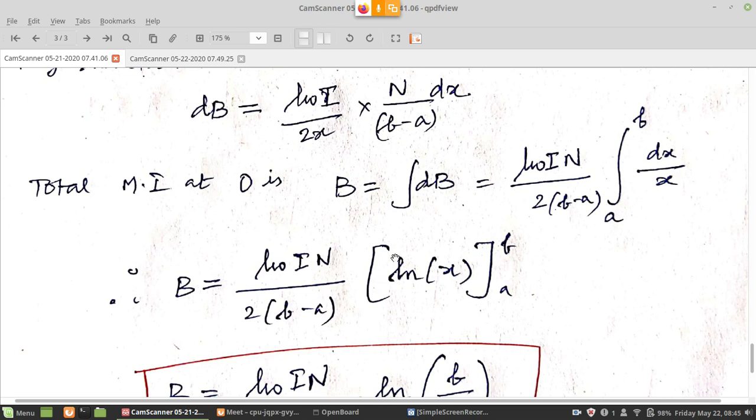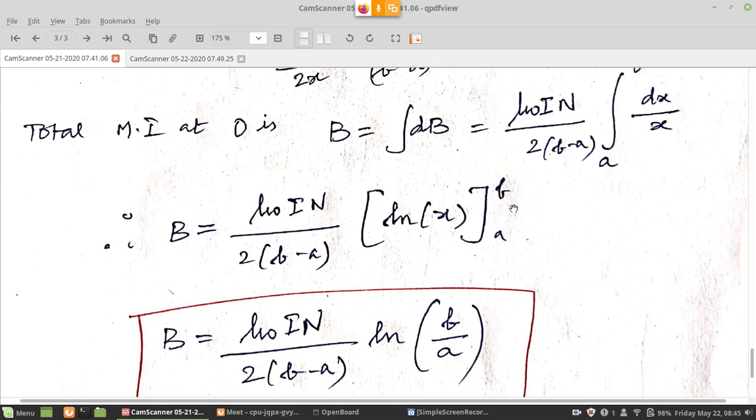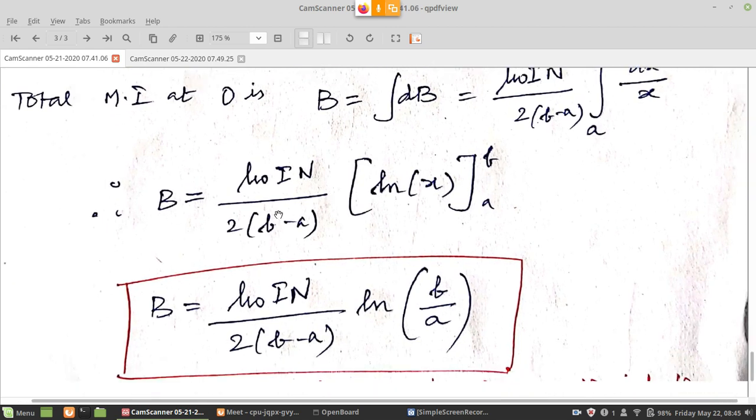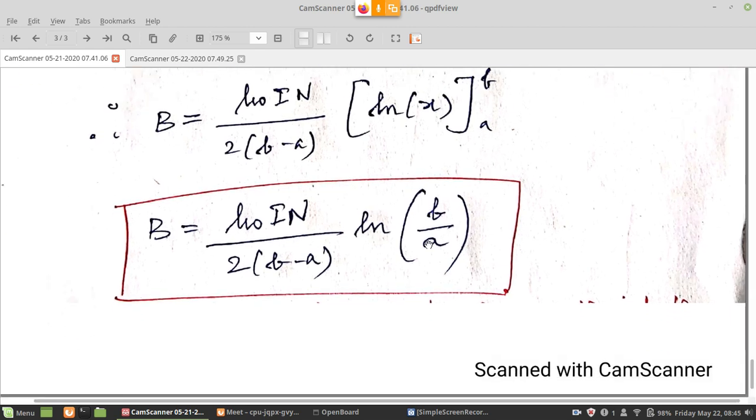Constants are outside, and integration alone gives ln x. Limits are b and a, so we apply the upper limit and subtract the lower limit. So μ0 in divided by 2(b−a), upper limit is ln b minus ln a. So ln b minus ln a can be written as ln of b by a.